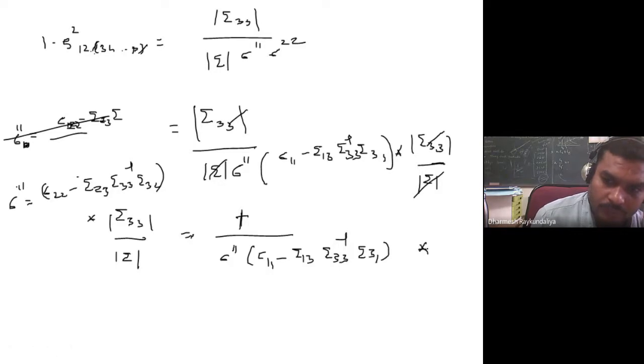ठीक है, ये एक आपके पास बचा। Now we know the relation between the partial correlation. ये हमने किसके लिए निकाला था? This is nothing but 1 minus rho 1 2 square dot 3 4 up to p. ओके, तो ये मुझे मिल रहा है, but I know the correlation between the multiple correlation.